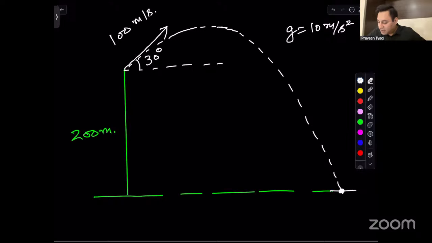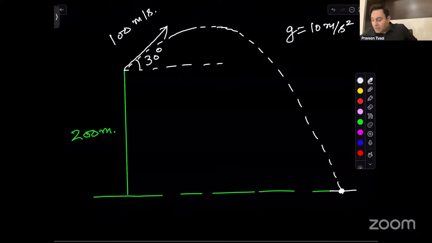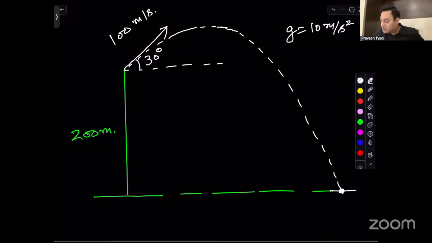200 seconds? No. 100 seconds? No. Are you applying some direct formula so that you are answering it so fast? Because it is not going to be that easy. You have to use your basic approach.